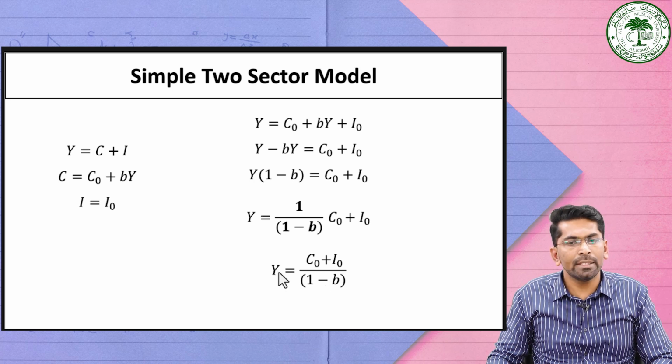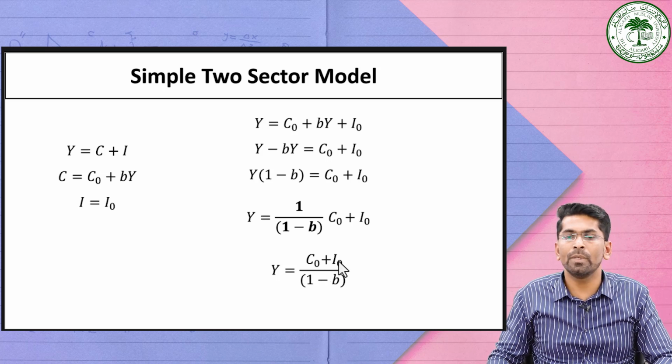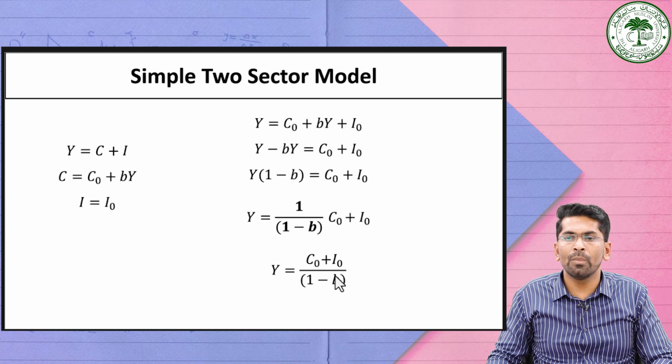Here, Y is the endogenous variable, which is determined in the model by using the exogenous variables. Here C0 and I0 are the exogenous variables, and b is the parameter, which is generally known as the marginal propensity to consume.